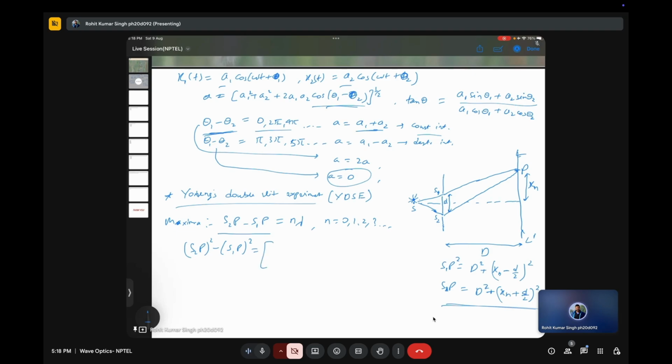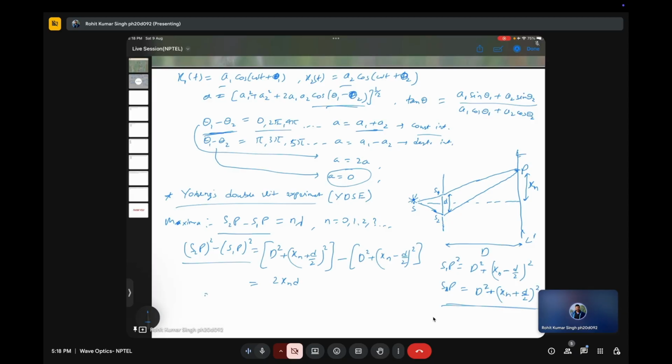So okay, let's put that here: D square plus xn plus d by 2 whole square, minus D square plus xn minus d by 2 whole square. Okay, if you do the algebra, you will find this is equal to 2 xn d.